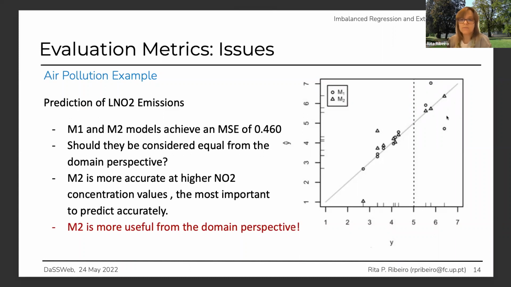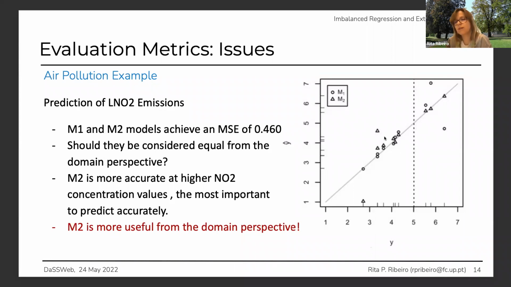It would be more serious to have such big errors in these more critical air pollution concentrations than to have errors regarding what is usual or standard concentration values. So from the domain perspective, they are clearly different, and we need some way of distinguishing these two models.